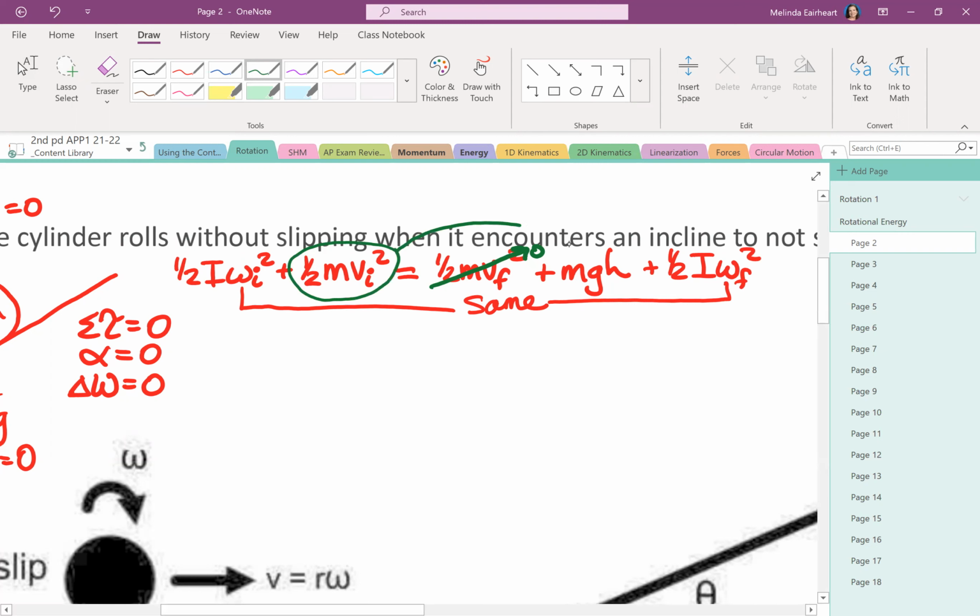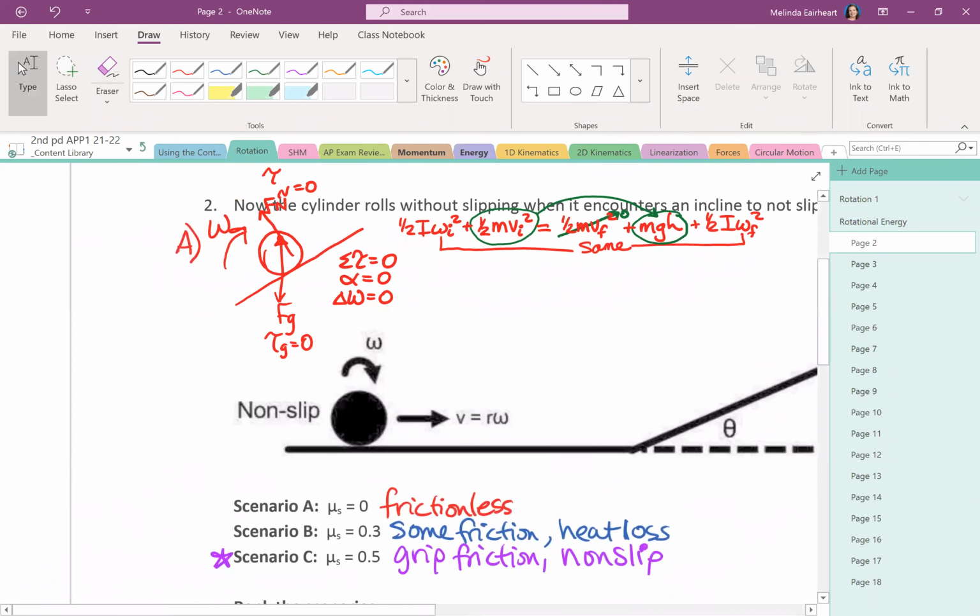Linear kinetic converts to potential. Isn't that just like the box sliding up a frictionless ramp? Well, in the picture, we're going to assume that all the initial conditions are the same. So we're going to start with spin. So it was given an initial push with an initial spin. Okay. All right. So that's A.